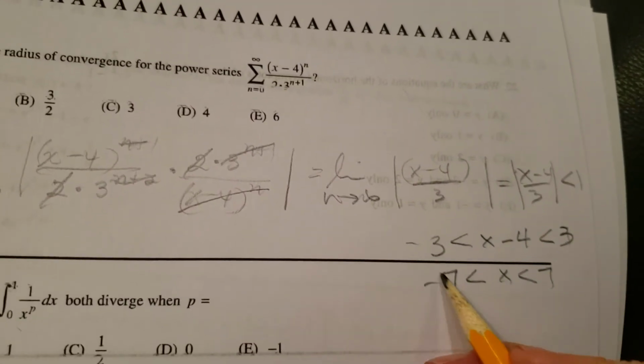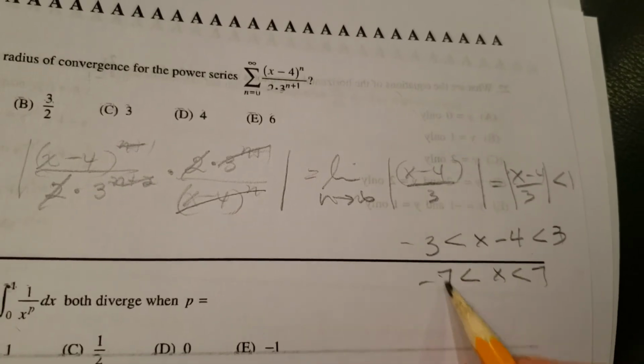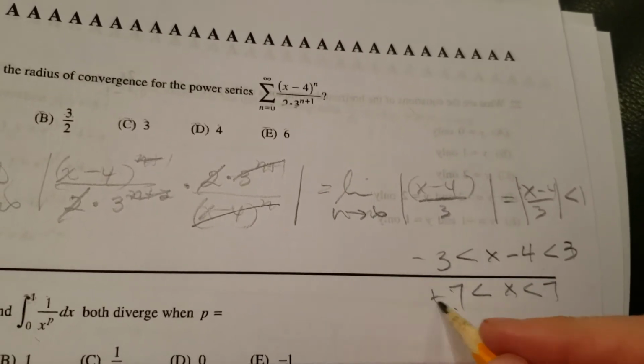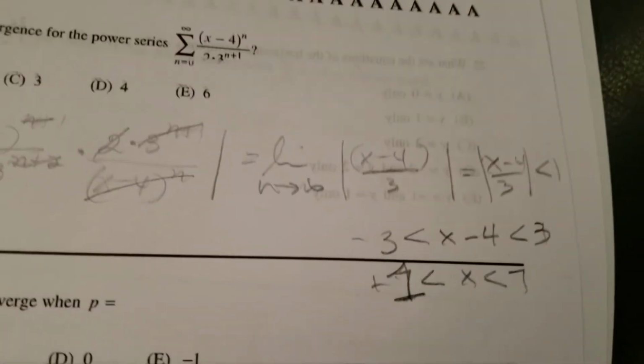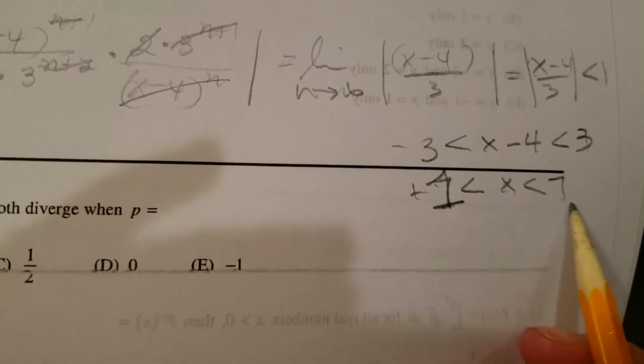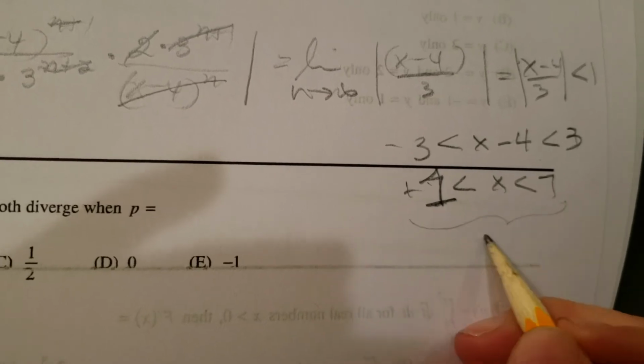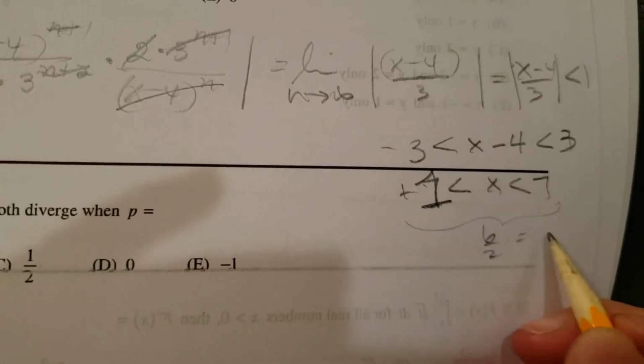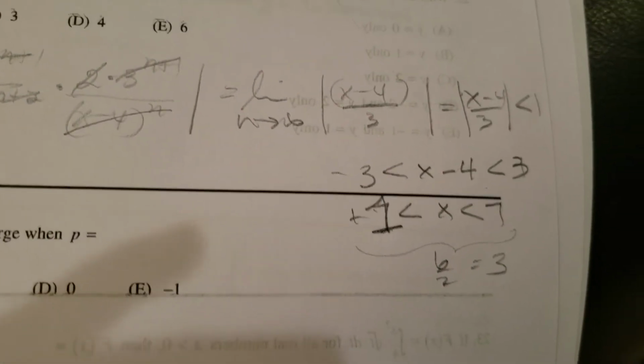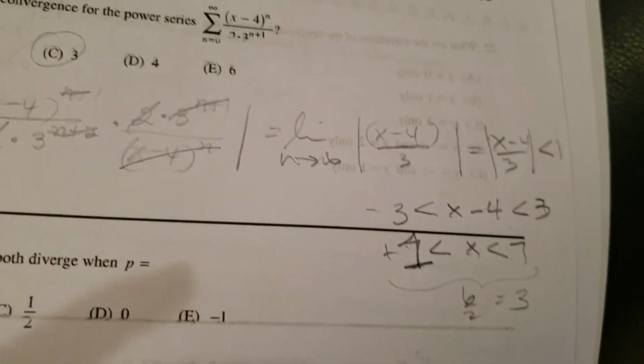So x is between 1 and 7. Half of this interval, so this is 6 units, half of this is 3. And that would be choice C.